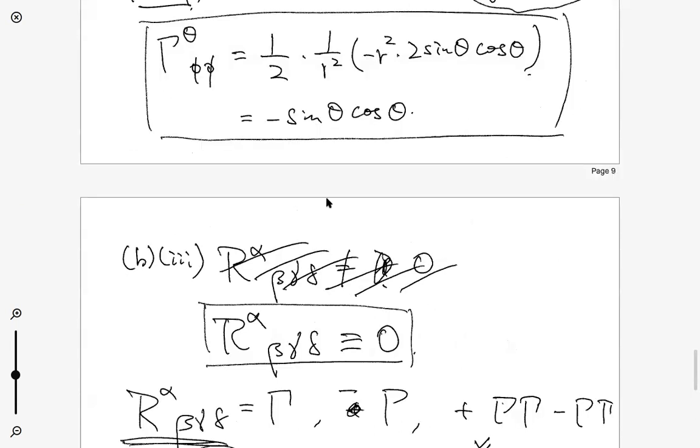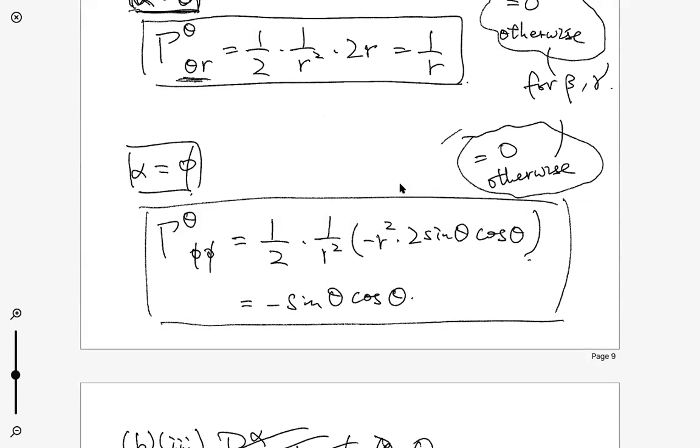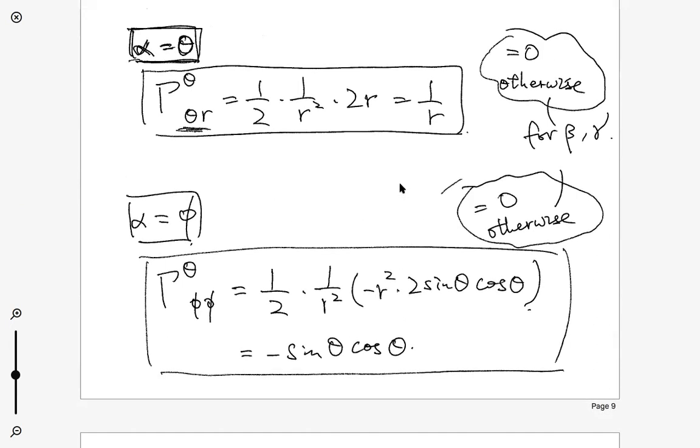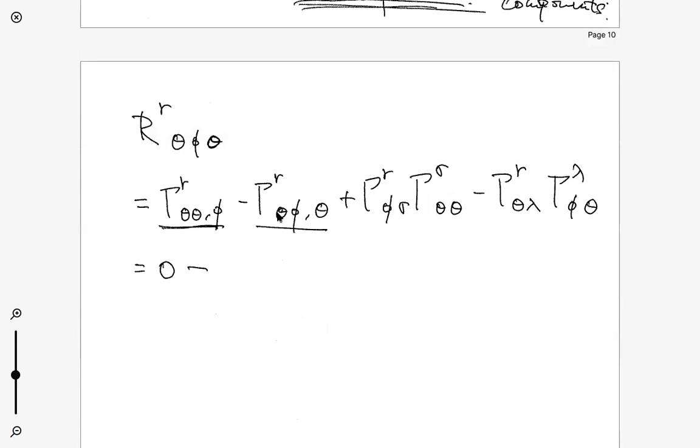We just calculated the non-zero components of the Christoffel symbol, which means that all the other components, with a different combination of indices, should be zero. So because the R theta phi component of the Christoffel symbol itself is zero, when you take the derivative with respect to theta, it's nothing but zero. Okay.